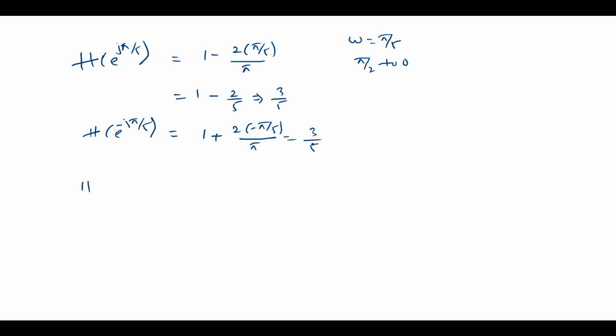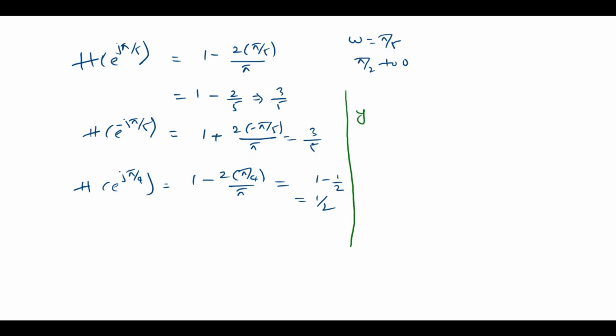Similarly, find H of e power j pi by 4. Its value is directly 1 minus 2 into pi by 4 by pi. Its value is 1 minus 1 by 2, it is 1 by 2. So substitute these values.